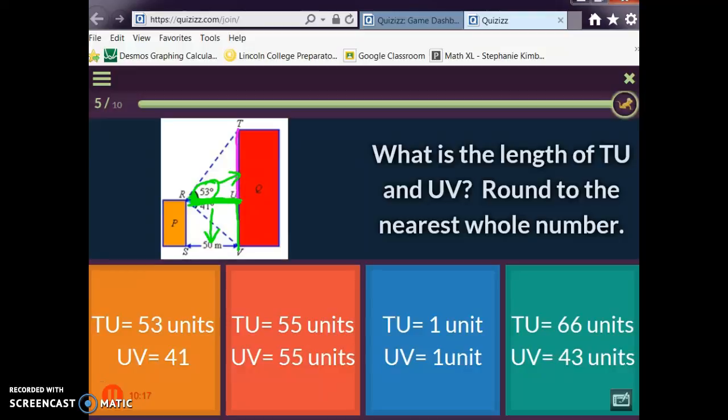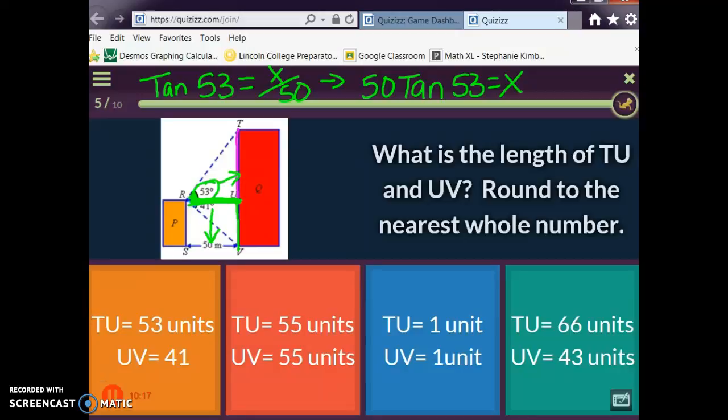So I can use a trig function. Let's see, which trig function says opposite over adjacent? If you said tan, you are correct. So what I need to find out now is 50 times the tangent of 53 degrees.